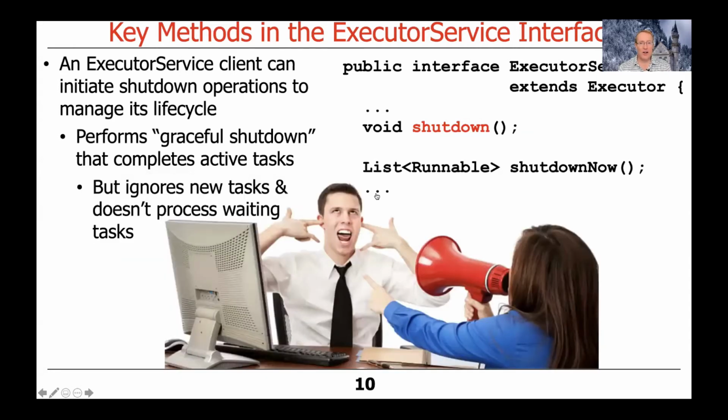However, if you try to submit or execute new tasks, then those tasks will be ignored. So they're not going to be processed. They're just going to be dropped or not even run at all. And tasks that are waiting to run but not actually active will also be ignored too.